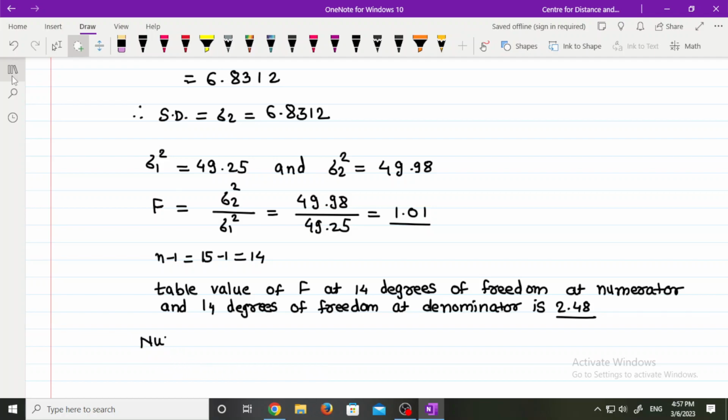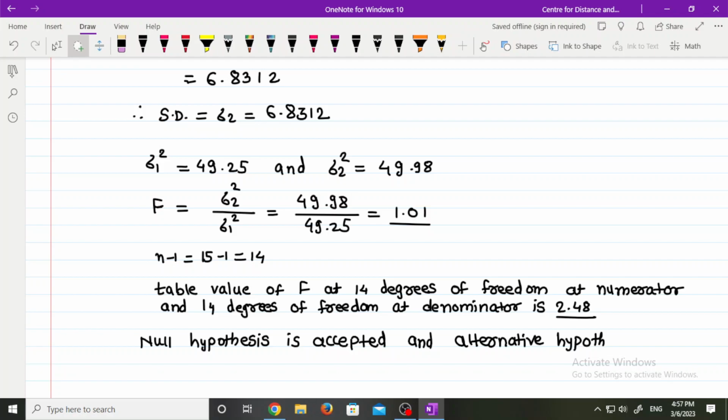In the SIM on page number 190, the table value is given as 3.66, which is a typing error, but the correct value is 2.48.